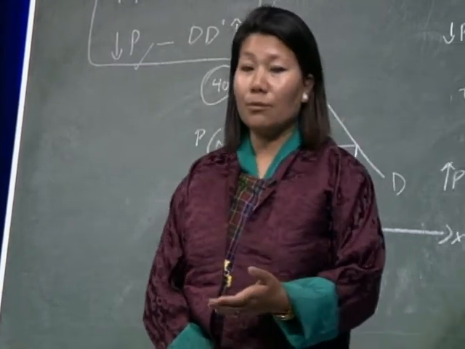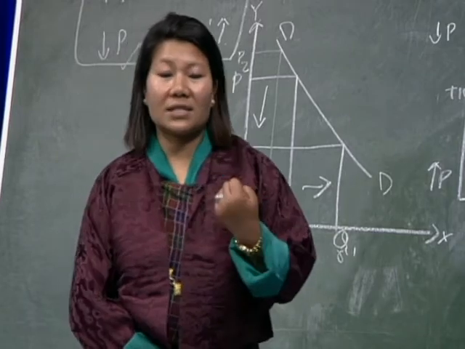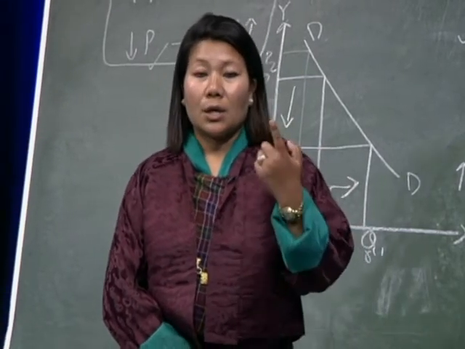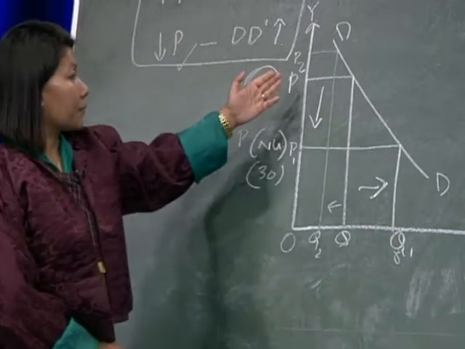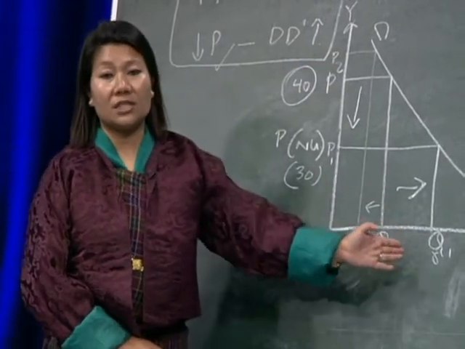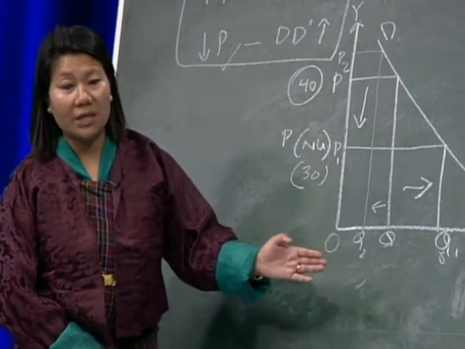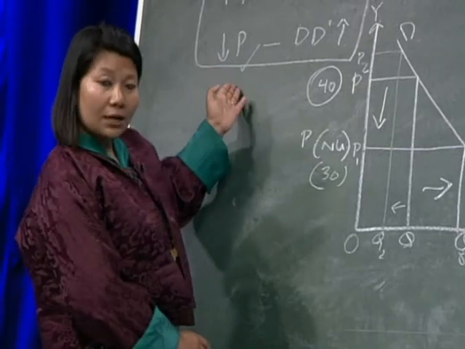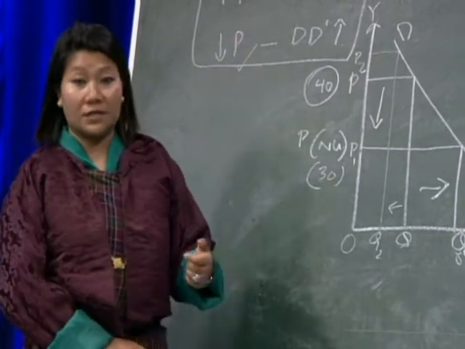But in the case of movement along the demand curve, the sole factor is the price. Because of change in price, what is going to happen to the quantity demanded of a commodity? In other words, when we talk about movement, we are basically talking about the law of demand.